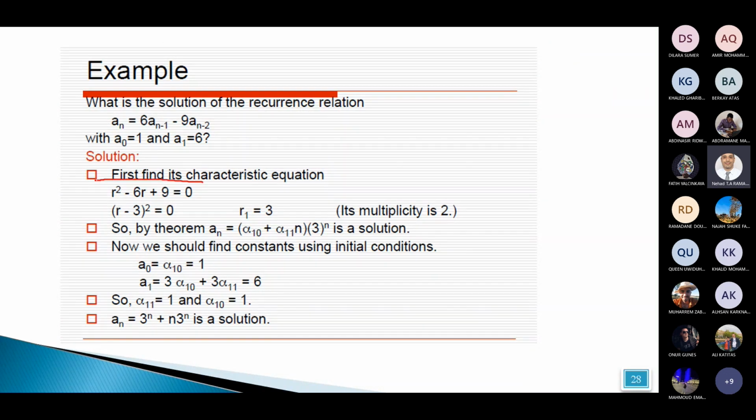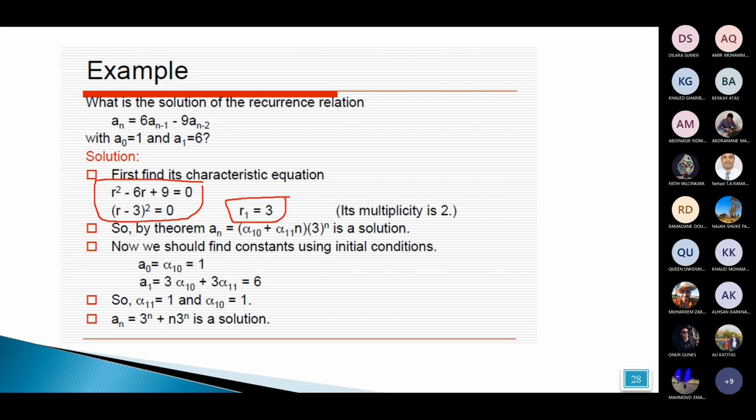Look at this equation. It is a difference, or minus, a perfect square. So you will find only one solution.